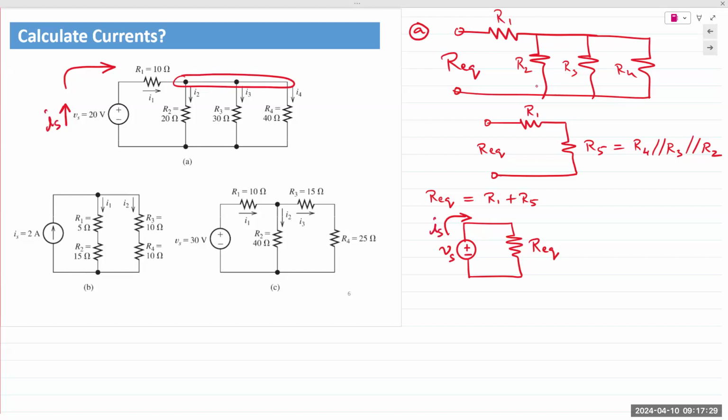I will label it as IS. IS would also be the current that flows through R5: IS, R1, and R5.